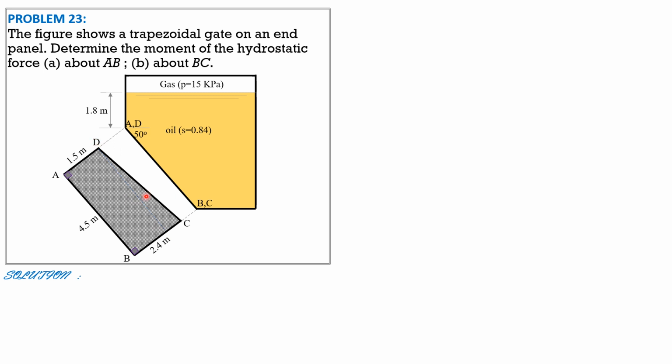So this is the dividing line. The rectangular gate is 1.5 width, 4.5 meters high, and for the triangular gate it is 2.4 minus 1.5, so 0.9 meter here, base height 4.5. For the location of the centroid of the rectangular gate, it is here.